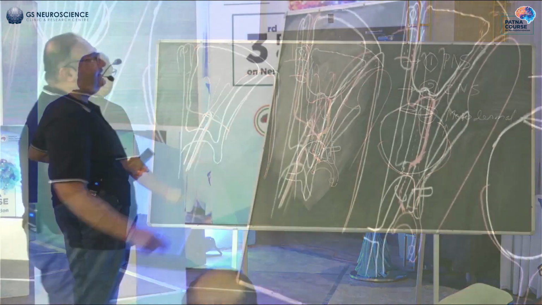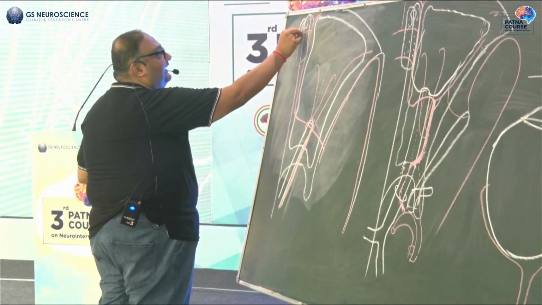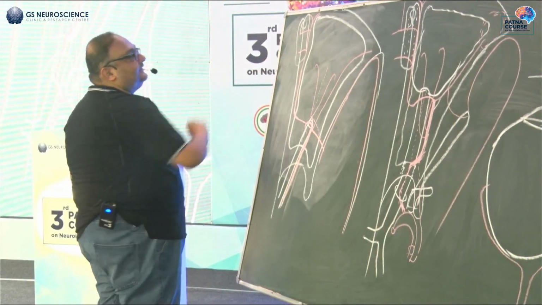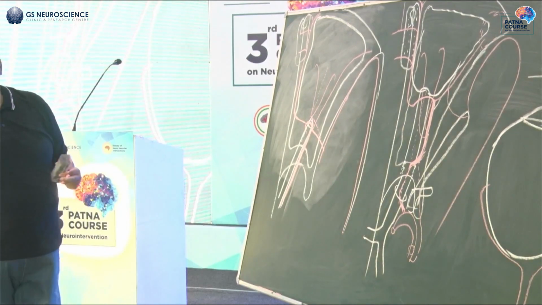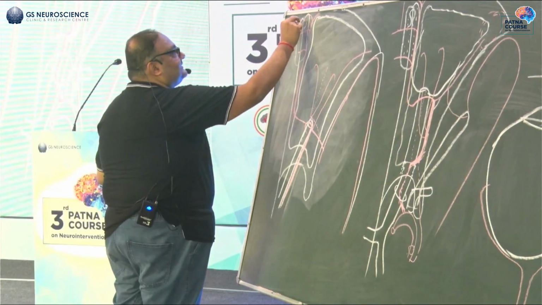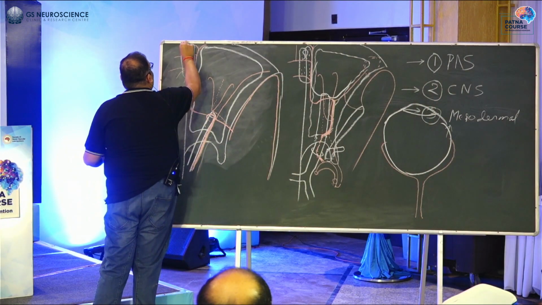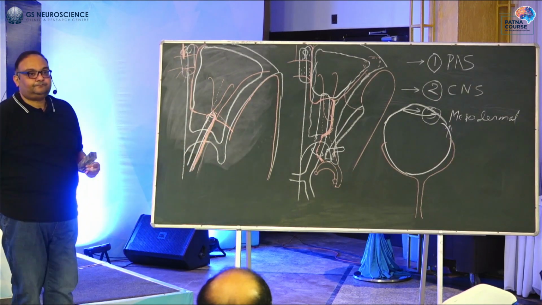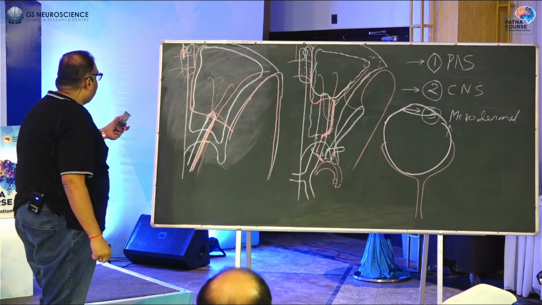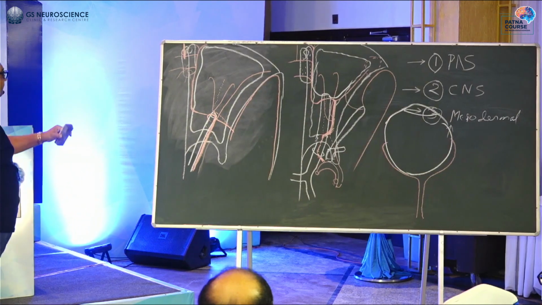So this artery gives branches via the cribriform plate, and this ultimately supplies the dura of the anterior cranial fossa, of the floor of the anterior cranial fossa, and one prominent branch becomes the artery of the falx cerebri. You can automatically start realizing what is happening here.